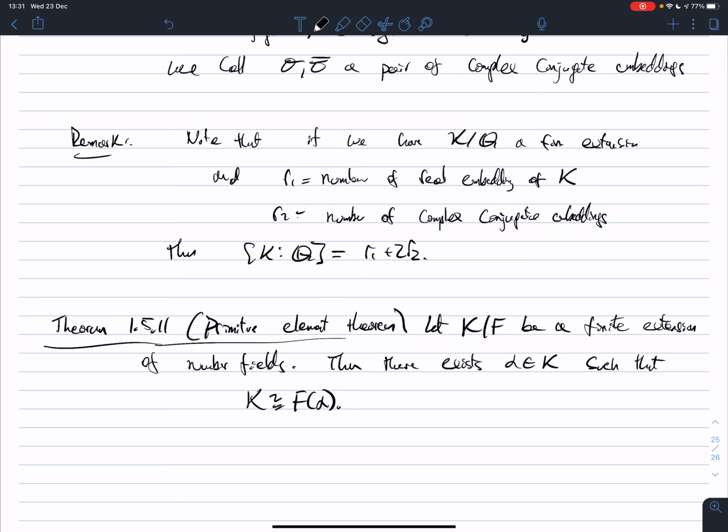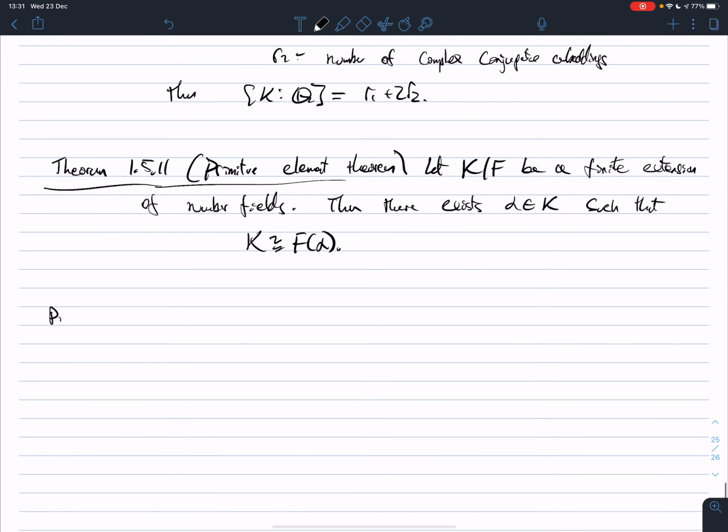So how are we going to prove this? Again, we're going to do this proof by induction on the degree. If K equals F, then there's nothing to prove.